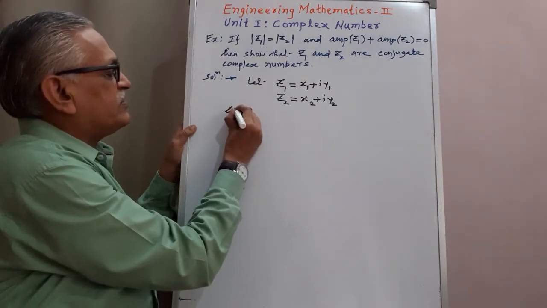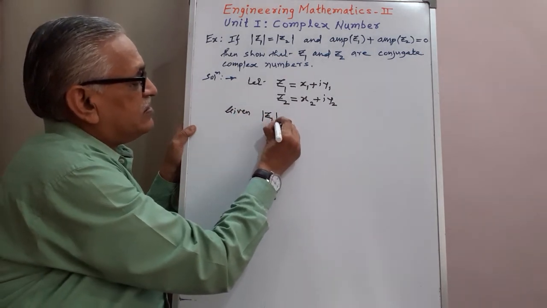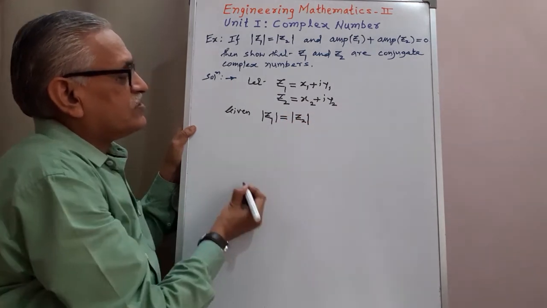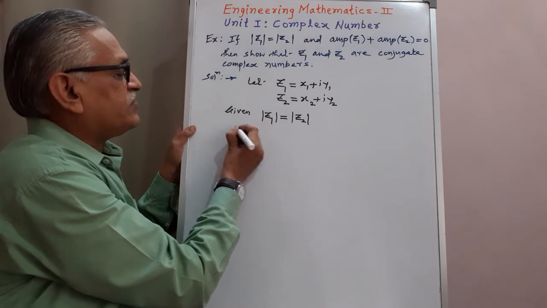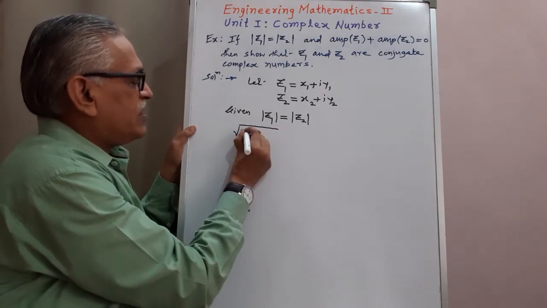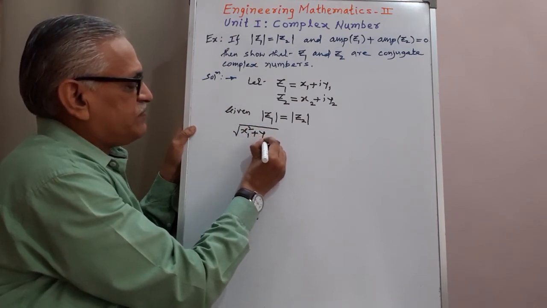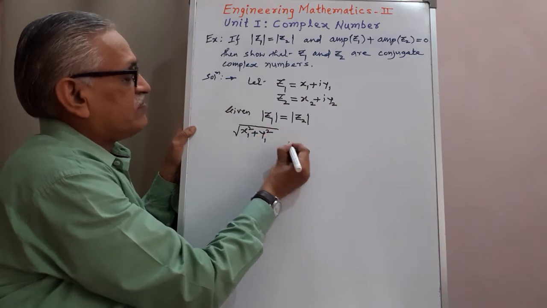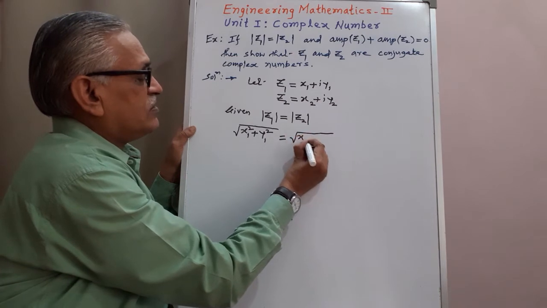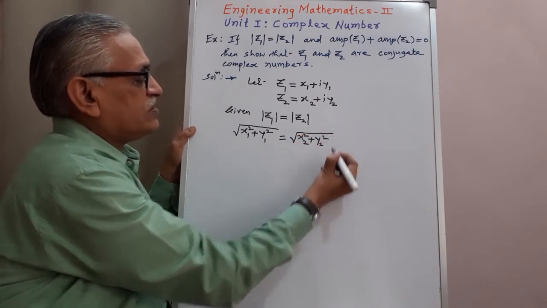Given information is here. Mod of Z1 is equal to mod of Z2. That is, absolute value of Z1 means root of x1 square plus y1 square, real part square plus imaginary part square, is equal to root of x2 square plus y2 square.